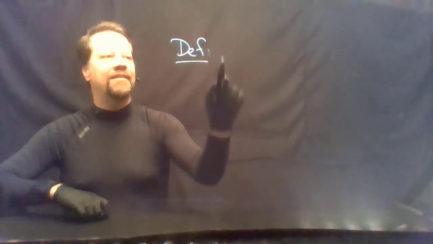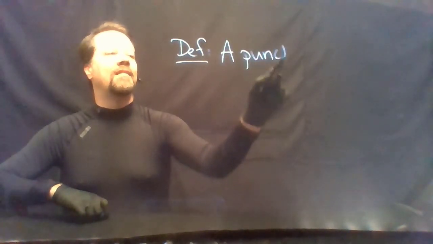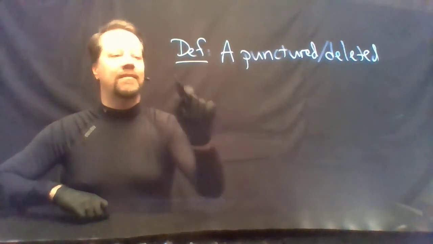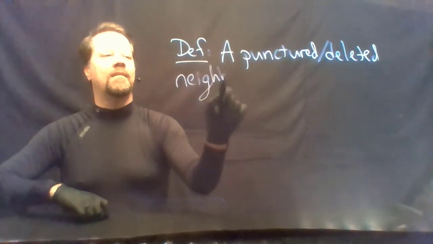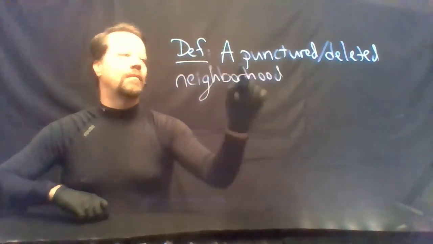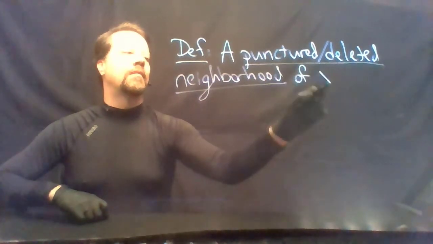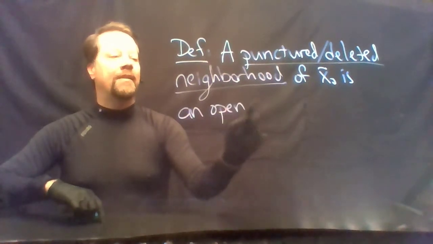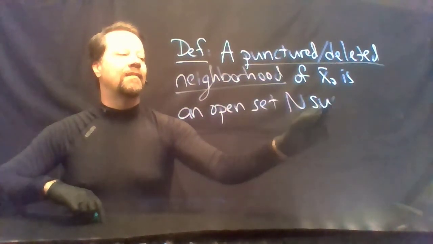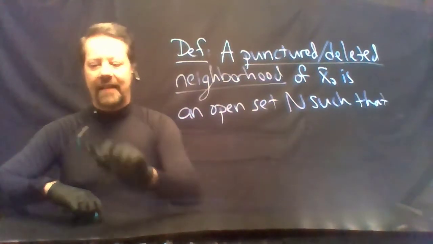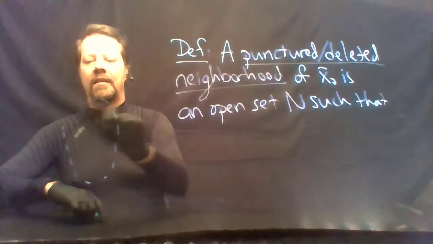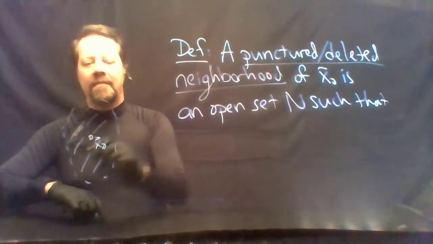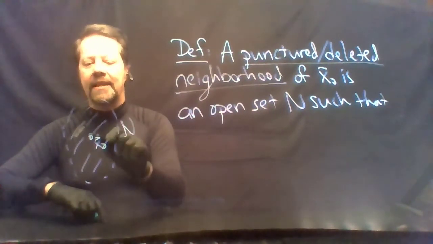A punctured neighborhood, or a deleted neighborhood, of x naught is an open set N such that, the idea being, if this is your point x naught, we're going to take this set N to be such that it doesn't contain the point x naught.